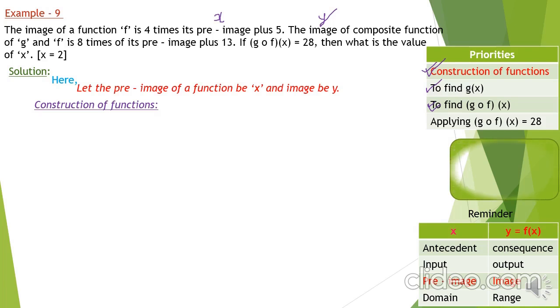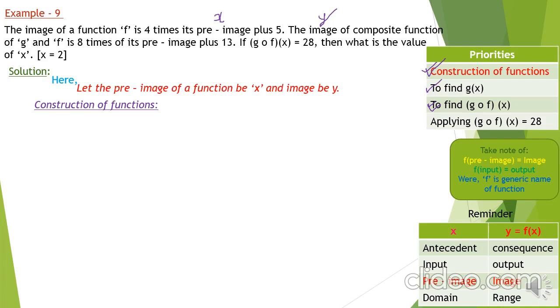Now f(x) will be, let's see what's given. It's like a formula to find f(pre-image) equal to image. We have to construct the function such that the pre-image is inside the bracket because it's the input.